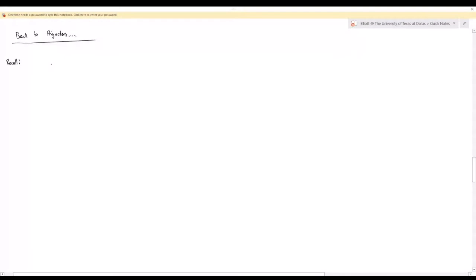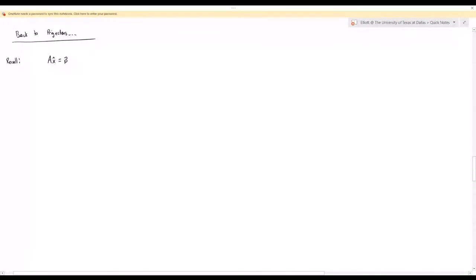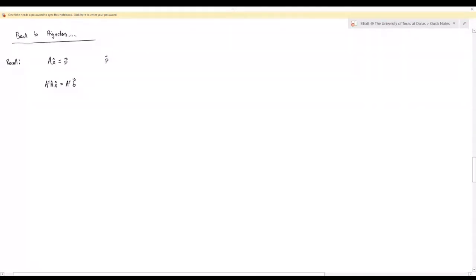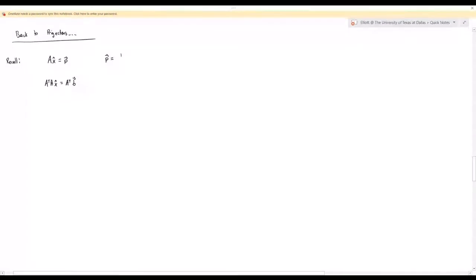The least squares solution x hat satisfies two equations: A x hat equals p, the projection vector, and also A transpose A x hat equals A transpose B. As an additional reminder, when we were talking about least squares, P was specifically the projection of vector B onto the column space of A.